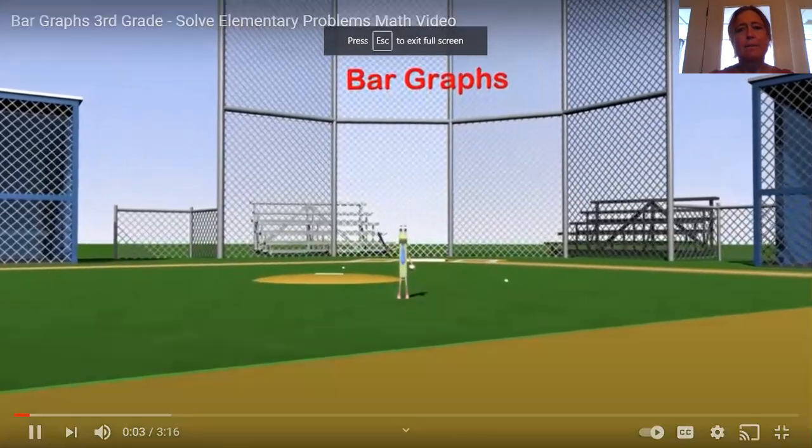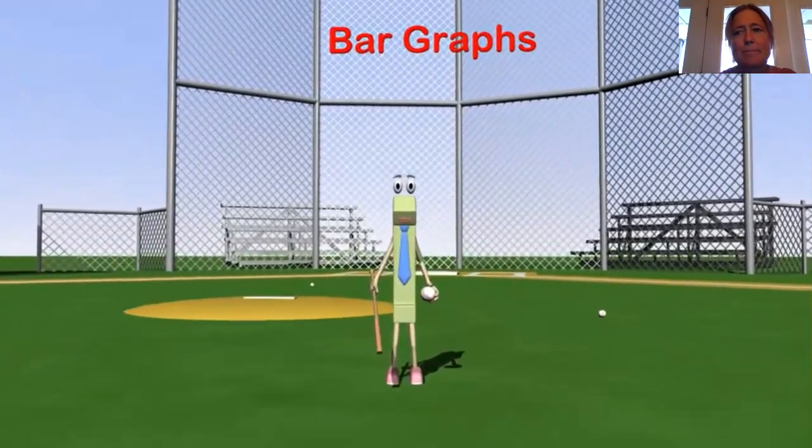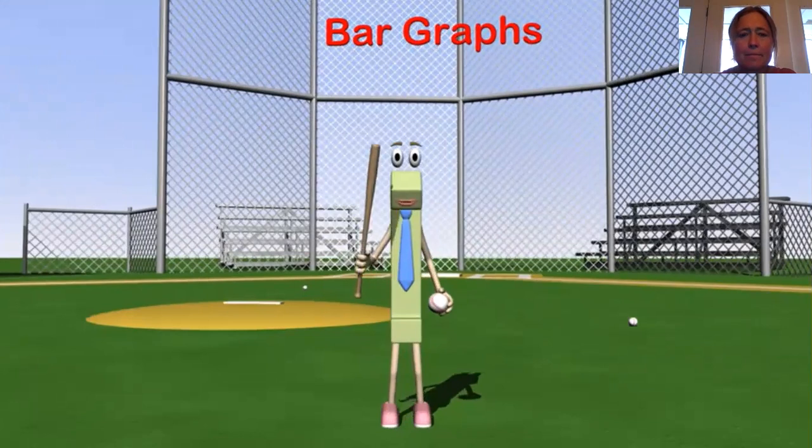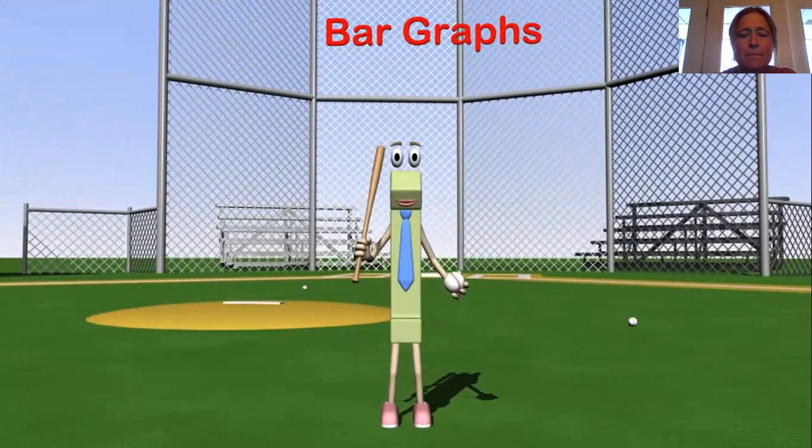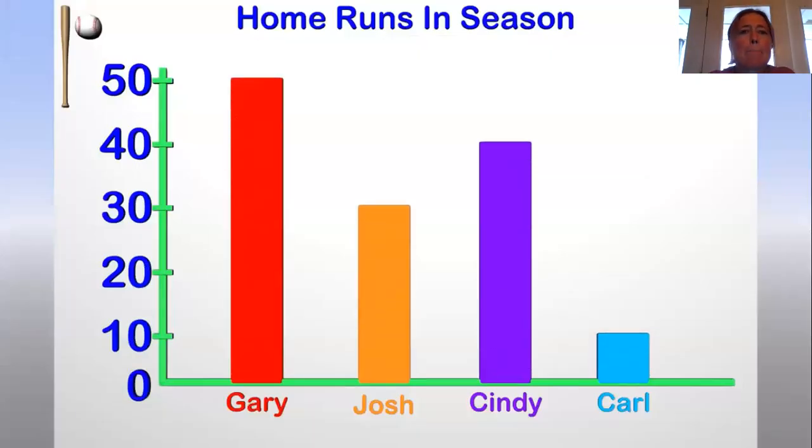Hey guys, welcome to Bar Graph Baseball. Today we are going to play some baseball, but first we need to solve some problems using bar graphs. Let's take a look and then see if we can hit a home run. Here is a bar graph. You might remember that a bar graph is a great way to show data and help us answer questions about the data. The title at the top says Home Runs in Season.